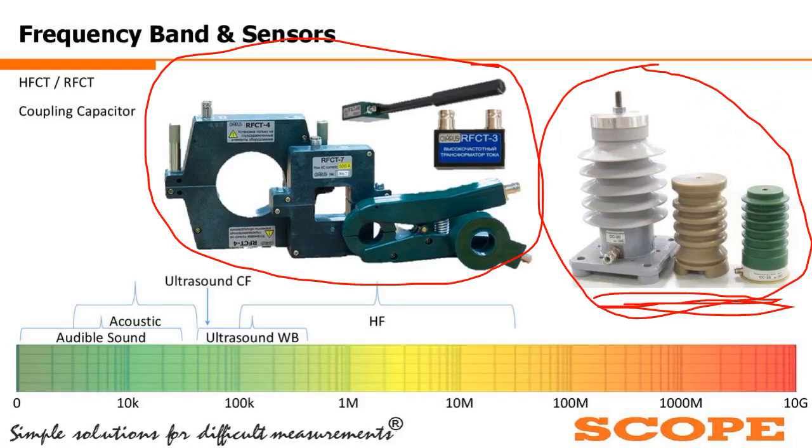Now, some people, when you are going for the tendering, write that I require 1 nanofarad or 1.5 nanofarad or 2 nanofarad. My question is, do we really require that? Because the moment I, as a purchaser, mention the capacitance value required, all the manufacturers of partial discharge systems have different types of coupling capacitors.